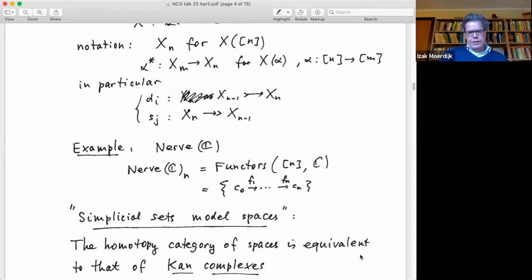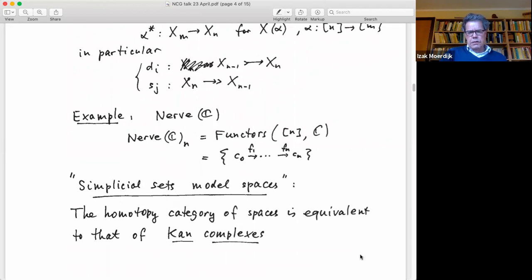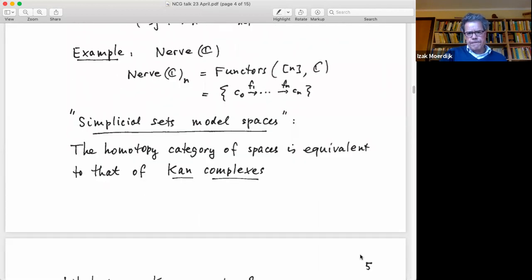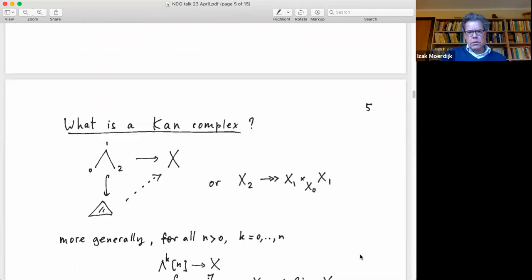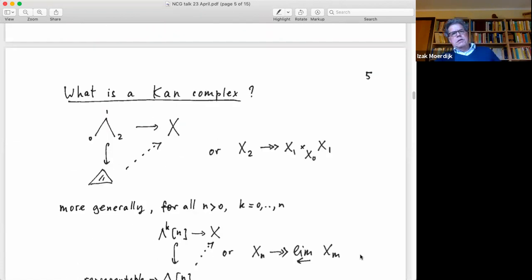So I also want to say a word about Kan complexes. So what's a Kan complex? A Kan complex is a simplicial set which has the special property that if you give some faces of an intended simplex, you can actually find that simplex. You can extend that to a simplex. So here's a picture.